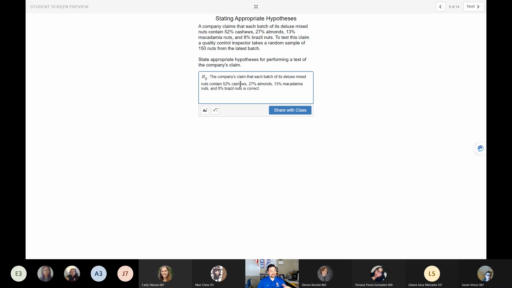So the company's claim that each batch of its deluxe mixed nuts contains different amounts is correct. We could also say, as one of your classmates did, the company's stated distribution of its deluxe mixed nuts is correct. We can shorten it up a little bit, but essentially we're saying their claim is correct.